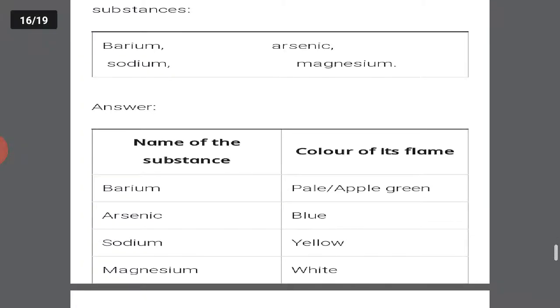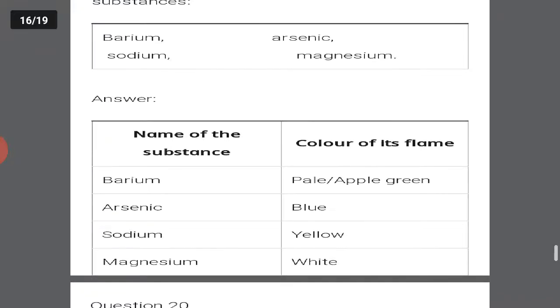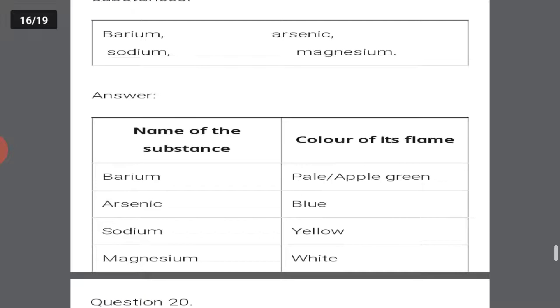For barium it will be pale or apple green, for arsenic it will be blue, for sodium it will be yellow, and for magnesium it will be white. Whenever magnesium burns, it produces a white flame, and sodium produces a yellow flame, and arsenic produces a blue flame.